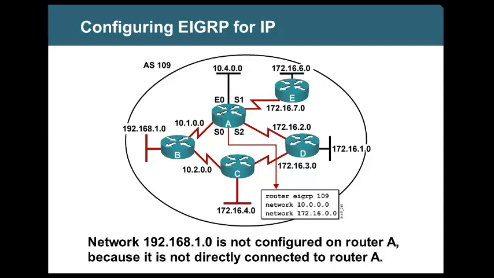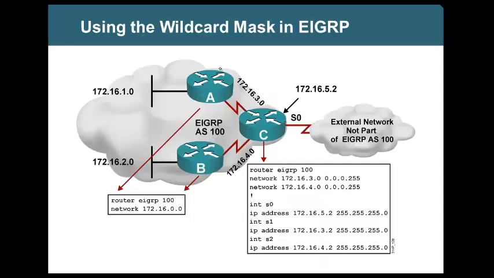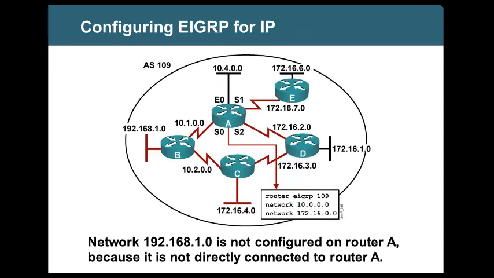So when I say 10 without wildcard mask, it matches these two, and EIGRP runs on these two. And when I say 172.16 without wildcard mask, it matches by default /16, and it runs on these two. You need not mention 192 because it's not in that A router, it is in some other router. That's what they have mentioned here. We know these things. I'm just covering this portion because it is told in this page.